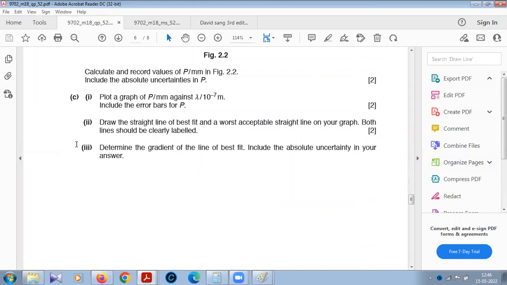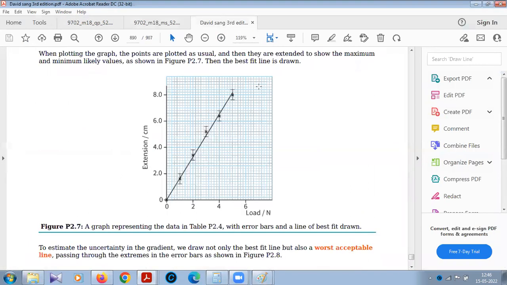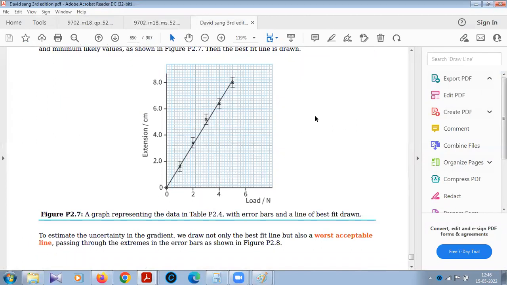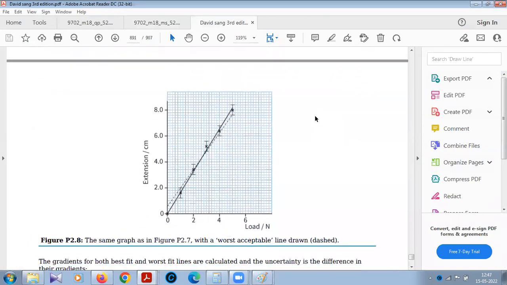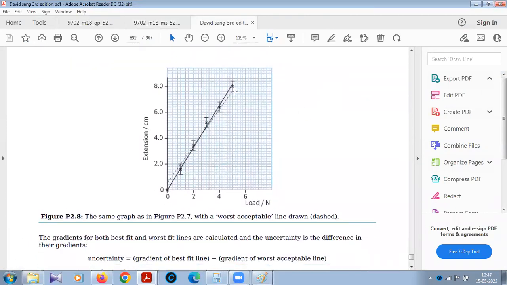And then, see here, the worst acceptable line also you have to draw. So how will you find out the worst acceptable line? You take the bottom most of the last point and join it with the topmost of the first point, that is, the topmost of the first error bar and the bottom most of the last error bar.